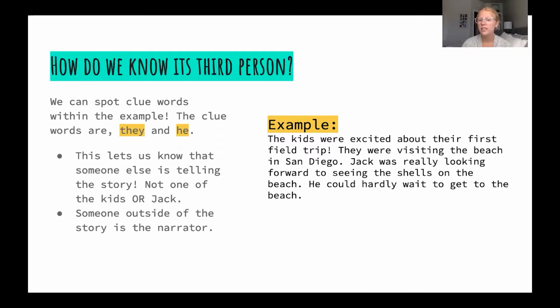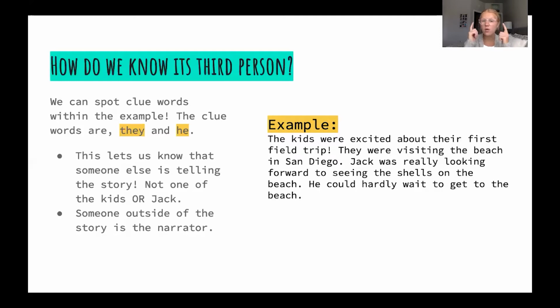This lets us know that someone else is telling the story. Someone else outside of the story. It's not one of the kids telling the story, and it's not Jack telling the story. In the first sentence, it says, the kids were excited about their first field trip. The second sentence says, they were visiting the beach in San Diego.